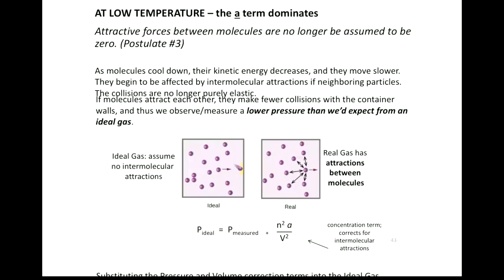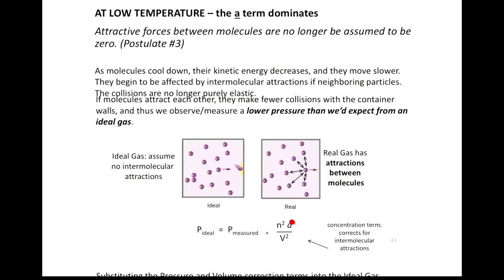If the molecules are attracted to one another, they make fewer collisions with the actual container. So we observe a lower pressure than typical because the particles are attracted to one another. They're less attracted to the outer walls of the container, which is directly related to the pressure.